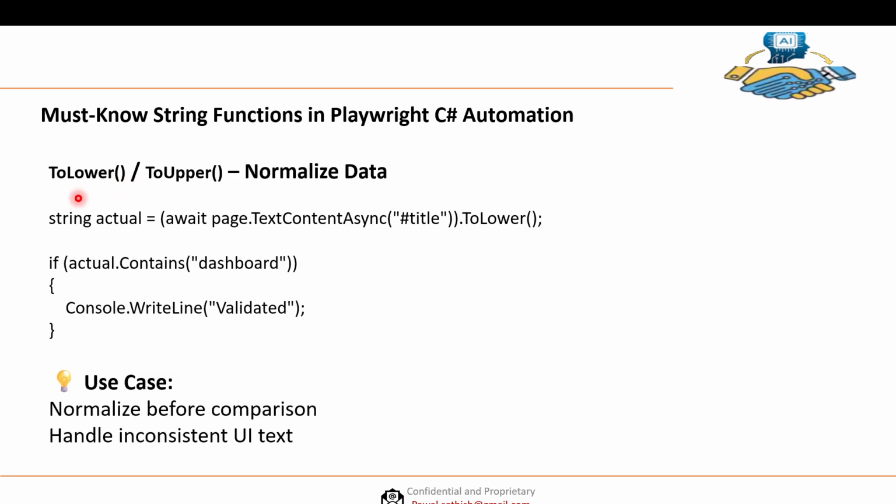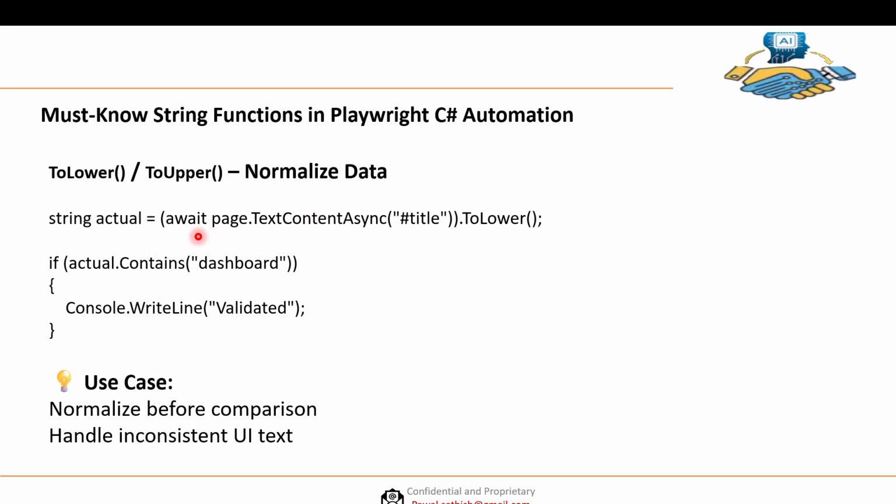Then next, if you want to normalize the text before comparison, or handle inconsistent UI text, then we'll use ToLower or ToUpper. The entire string will be converted to either lowercase or uppercase.